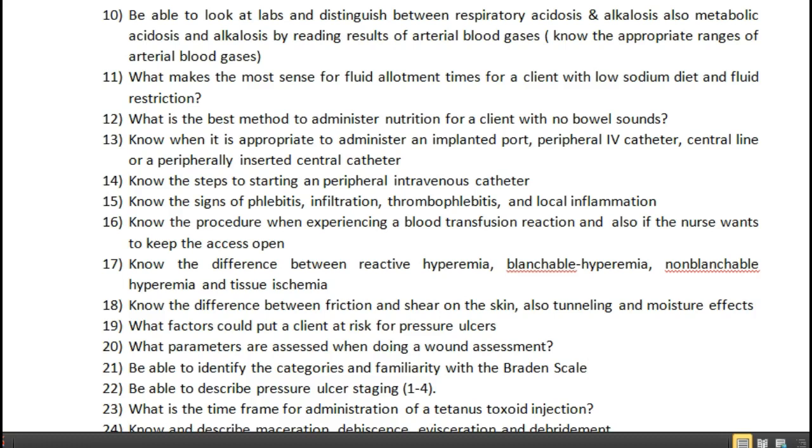Signs and symptoms of phlebitis are redness, pain or tenderness, and warmth along the course of the vein, starting at the access site. And usually they say a red streak. You'll hear that a lot when people say phlebitis along the vein.